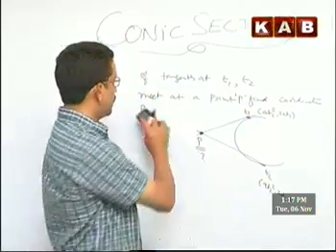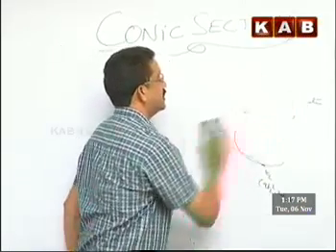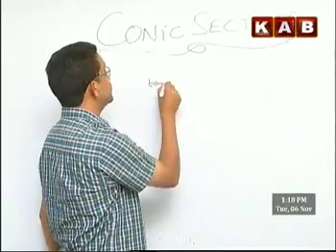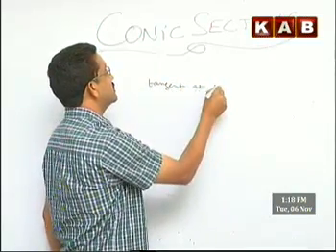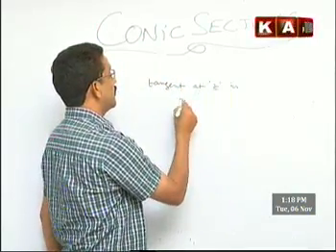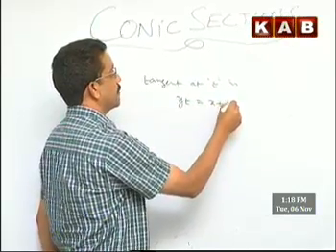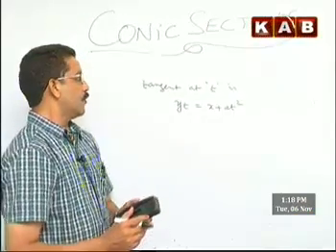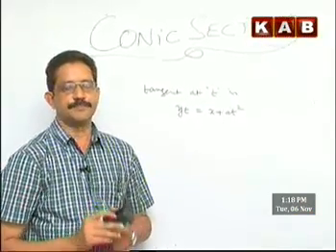Now let me work this out. It's a simple thing. If you remember the original result, tangent at t is yt is equal to x plus at square.